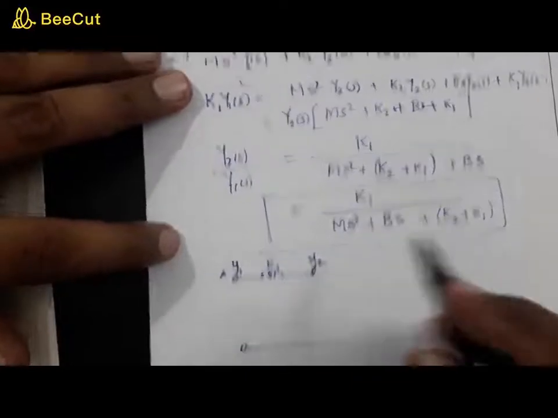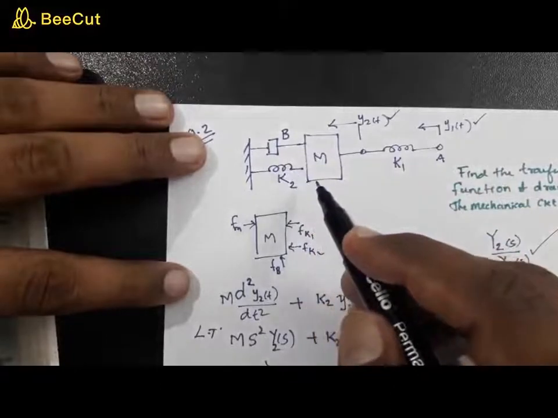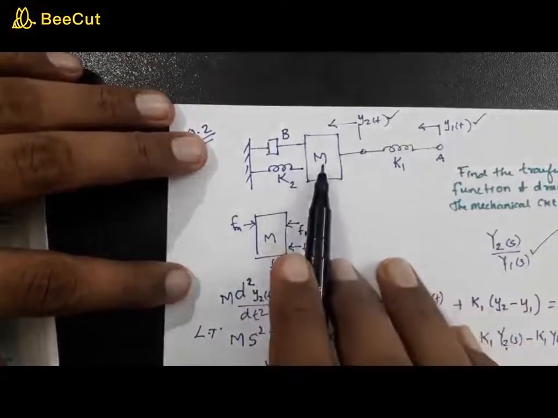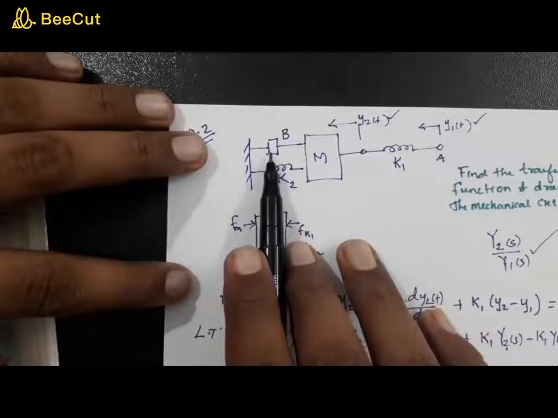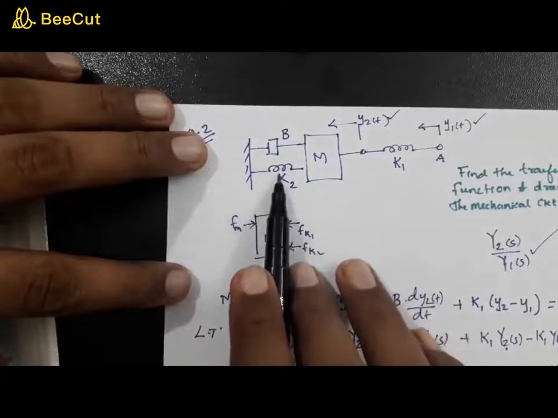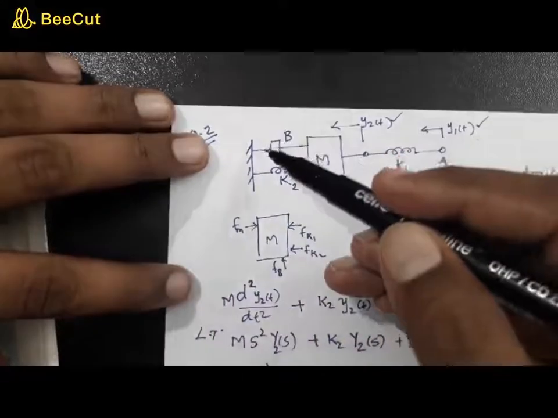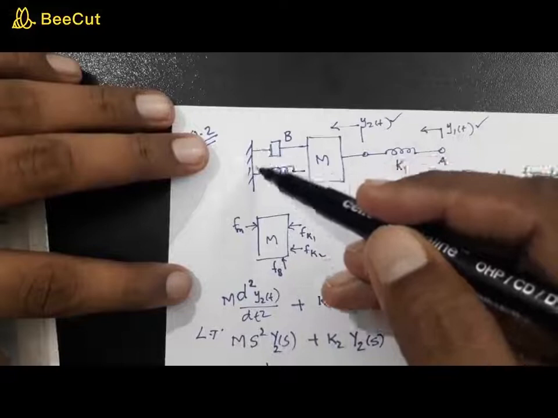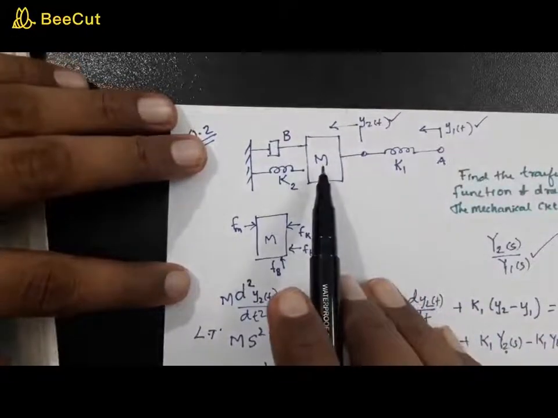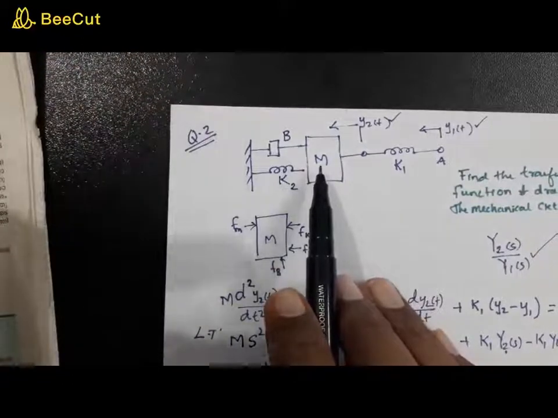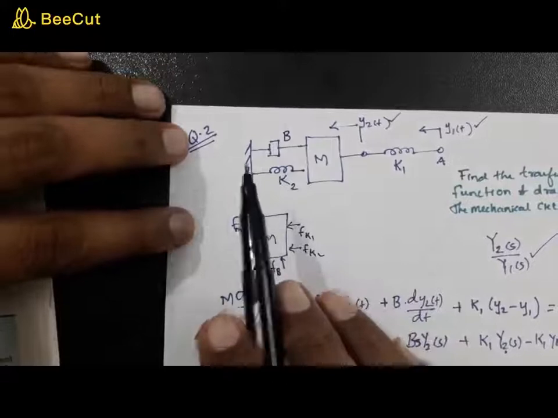Now coming to this Y2 node, this displacement is experienced by the mass, by the dashpot damper, and by the spring. Look at this damper and the spring: one of the ends is located at a fixed point, and as I told you earlier, in the case of mass, one side of the mass will also be assumed to be fixed.